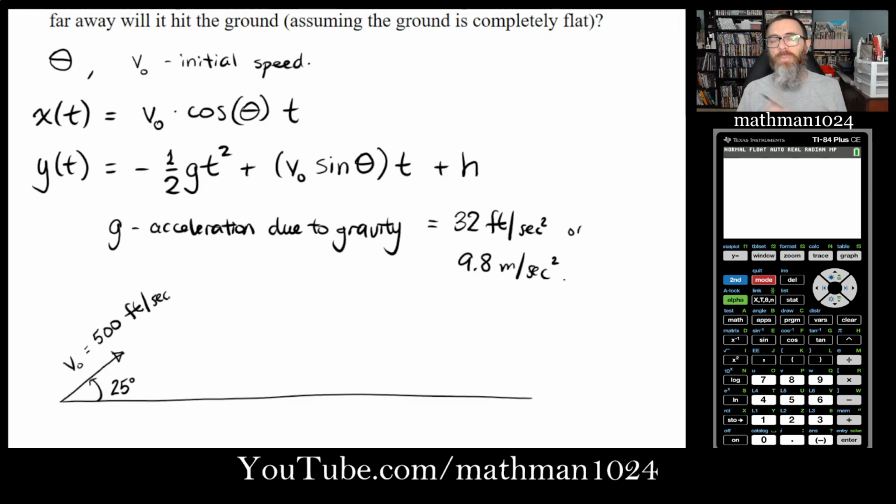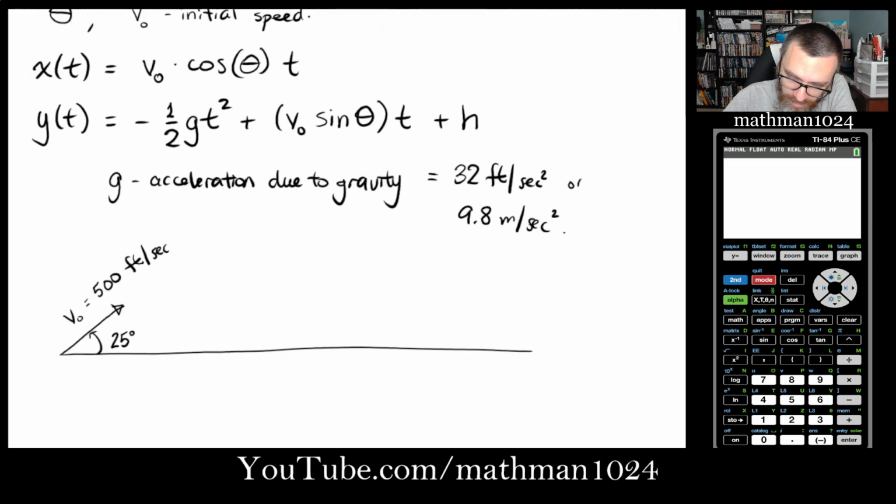And so what we're going to do is break this down into the two components, the horizontal and the vertical component, just like we did with the vectors, except now we have the component of time involved in this. So it's not just, what's the vector? It's, let's draw the path of what's going on here.